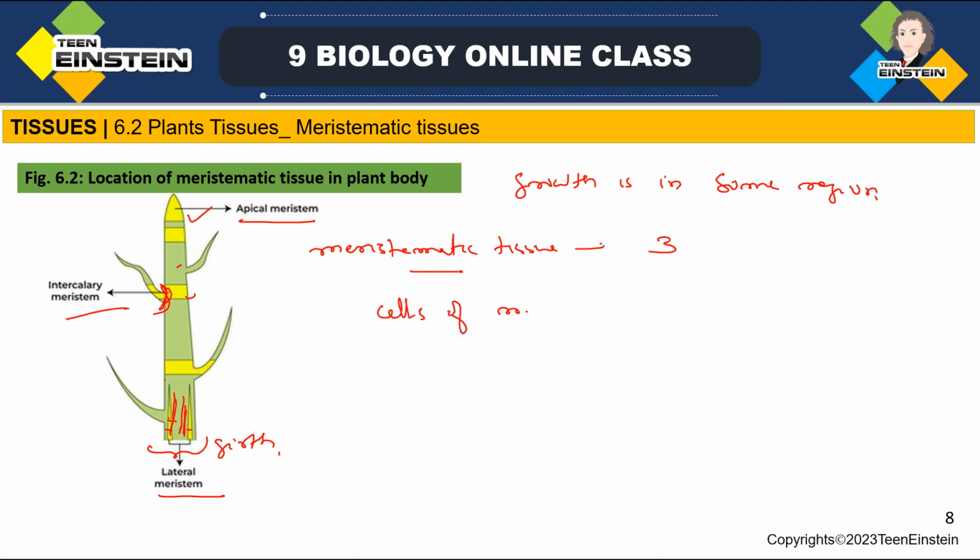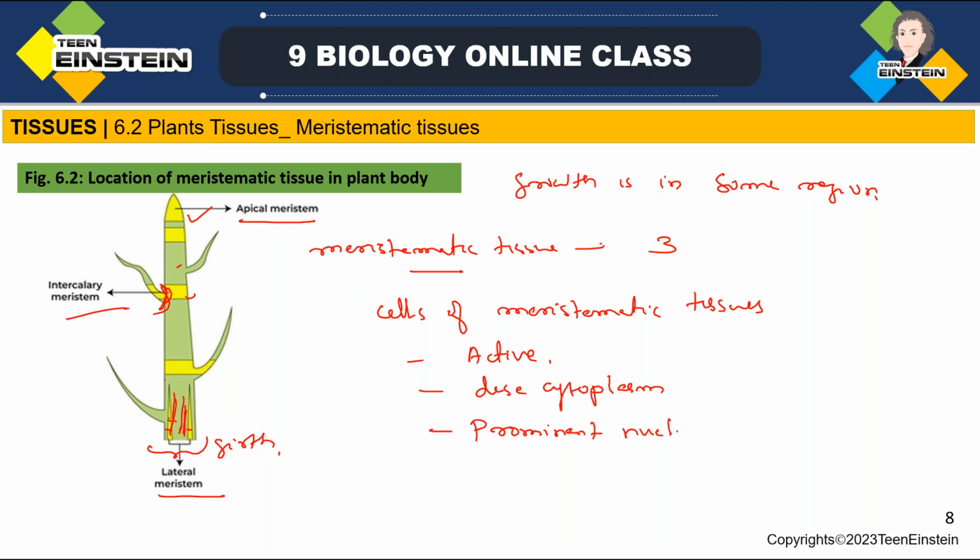Cells of meristematic tissues are very active, and they have dense cytoplasm. About meristematic tissues, you can write they are in an active stage and have dense cytoplasm, then prominent nuclei.